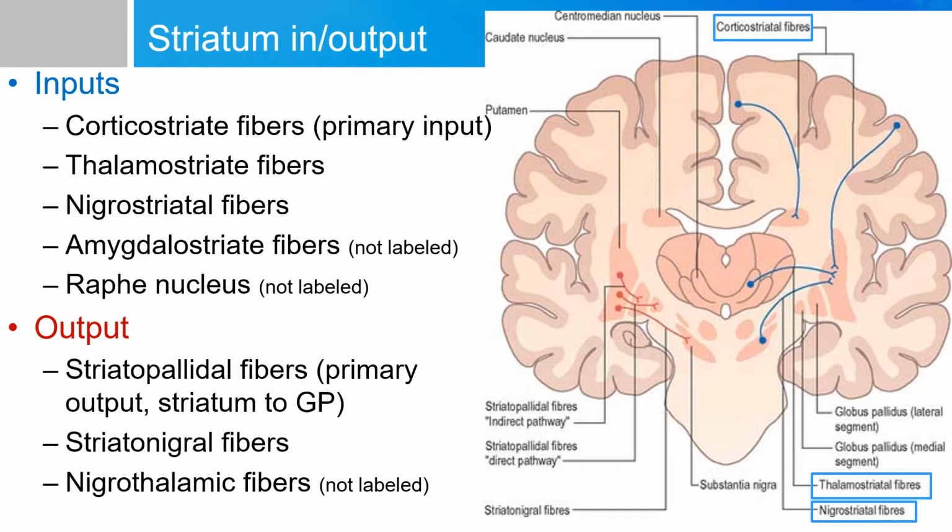The primary output is the striatopallidal fibers that contribute fibers to the direct and indirect pathways. There are also the striatonigral fibers, which are pretty much a reciprocal connection between the substantia nigra and the striatum. And there is also a connection between the substantia nigra and the thalamus, which is not labeled here.